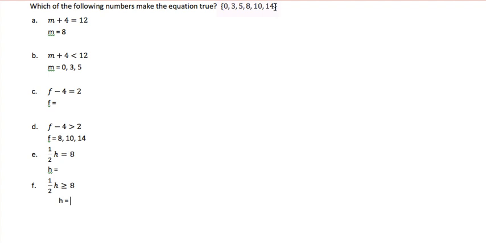And 14 times 1/2 is 7, which is still not greater than or equal to. So in this case, the inequality is not true with any of the numbers.